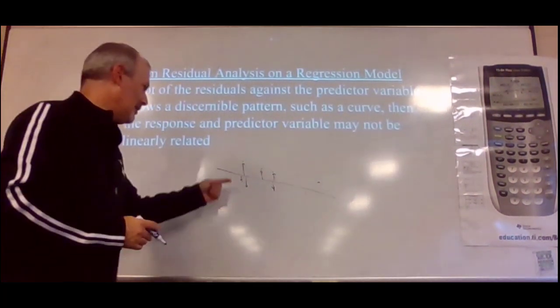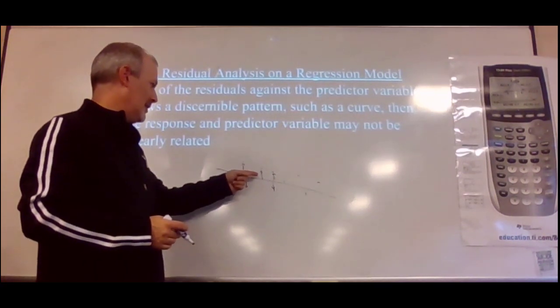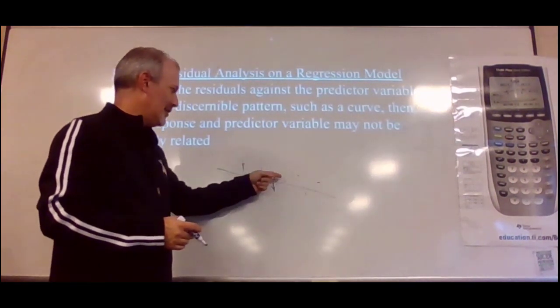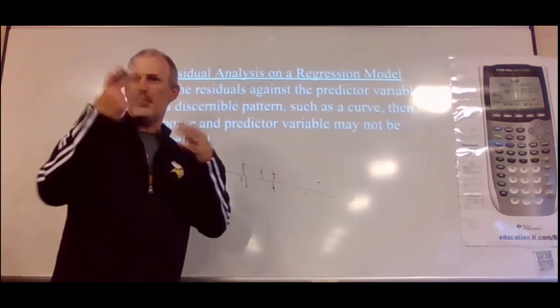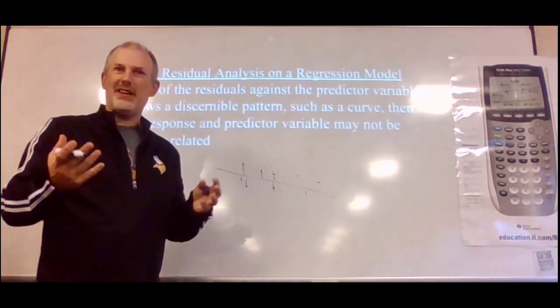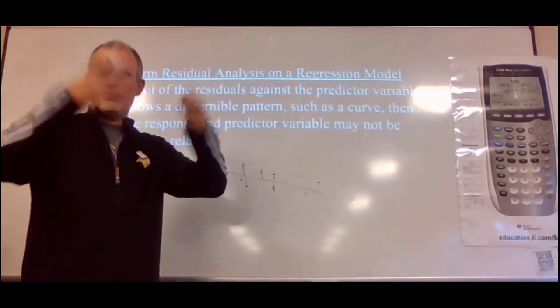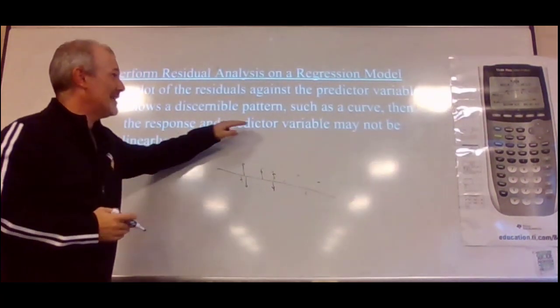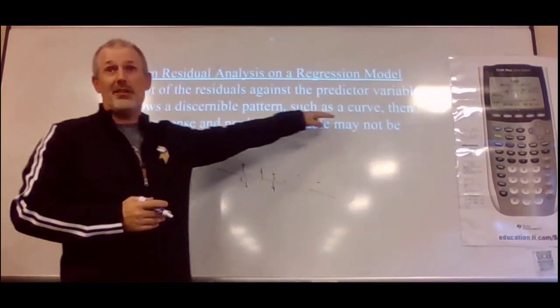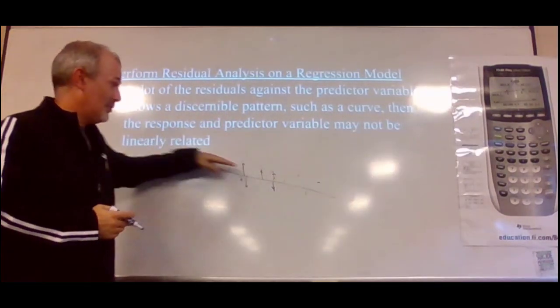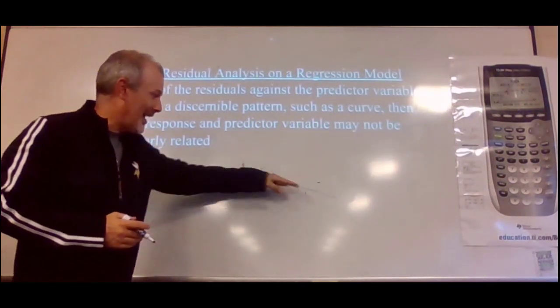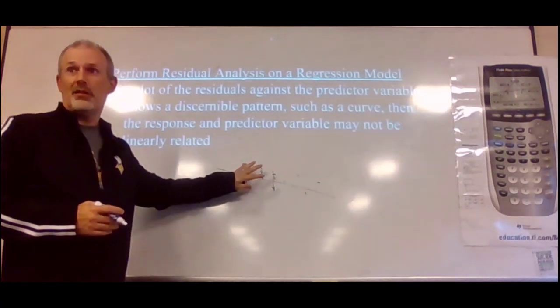Because if it's jumping negative, positive, negative, positive, positive, negative, it's jumping back and forth. That's kind of random, isn't it? There should be some points above and some points below, moving back and forth. So we shouldn't get a discernible pattern if we have a good regression equation and a good line for it, and points that are linear.